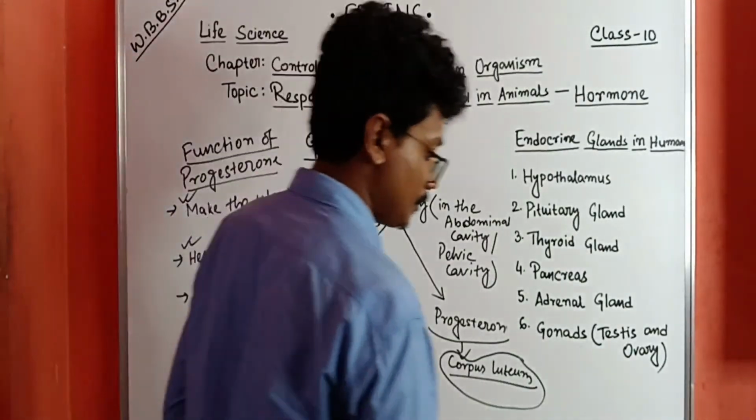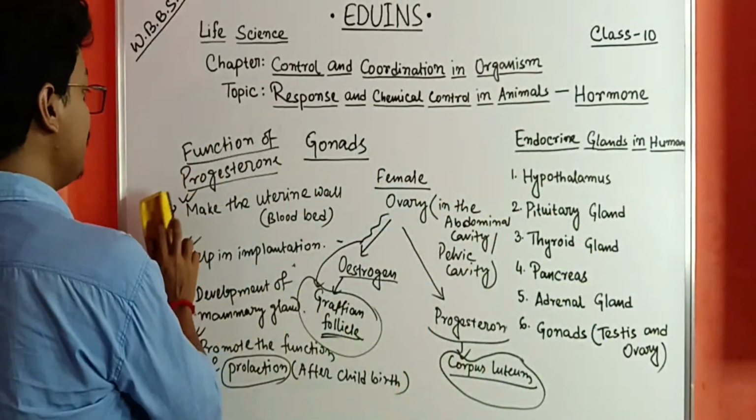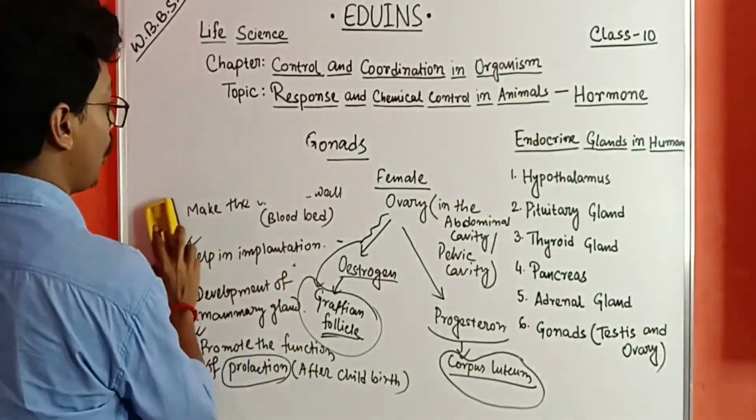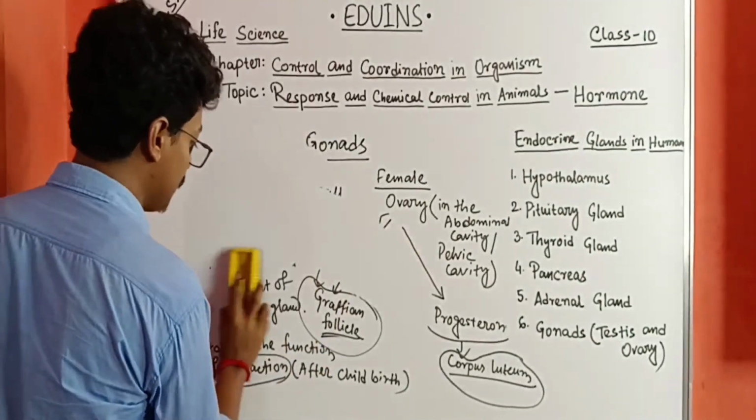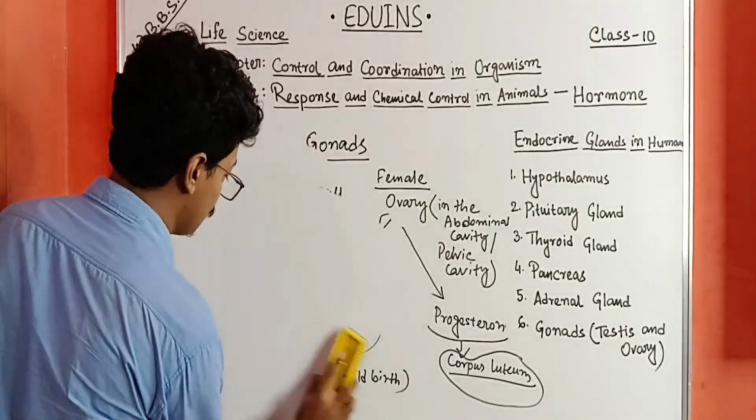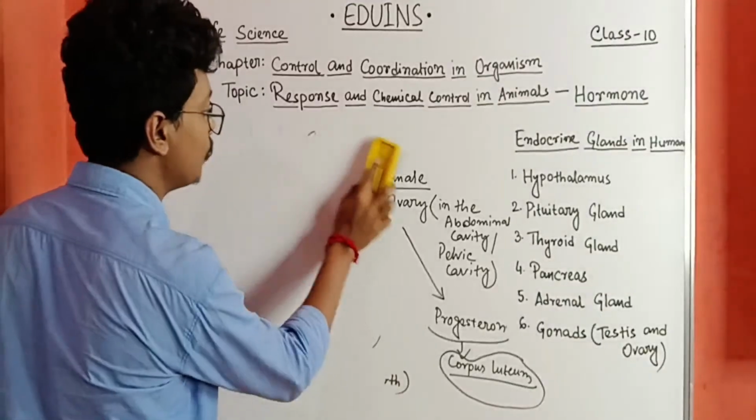So these are the main hormones and hormonal glands in our body and their functions. I have been talking about hormones, hormones, hormones.